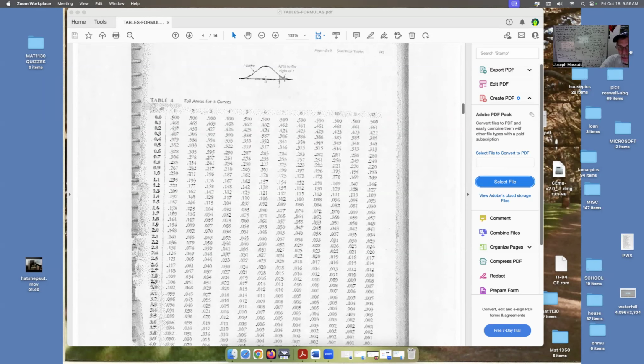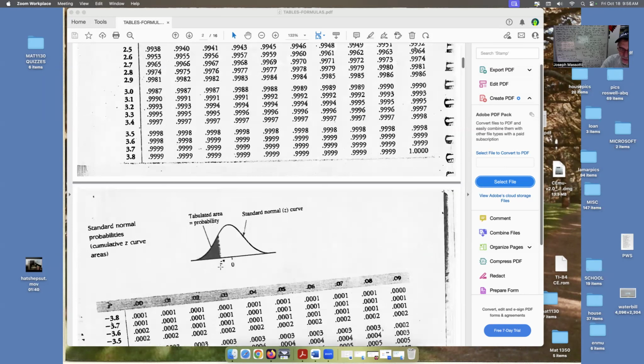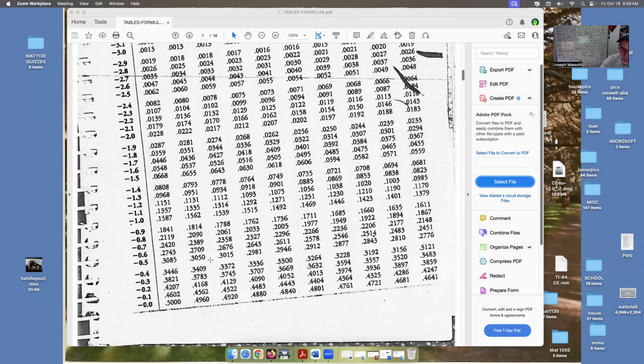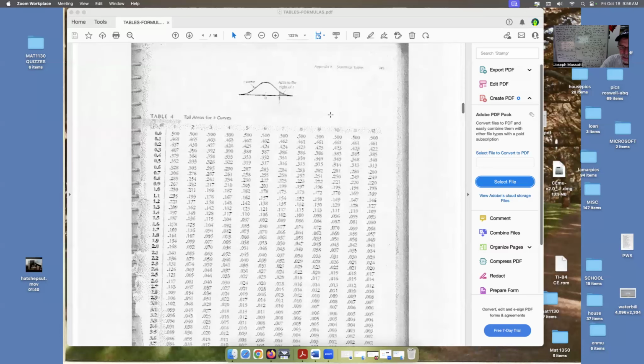But notice this table gives us the area to the right of the number that we're looking up, whereas the standard normal, recall, gave us the probability below or to the left of the z value that we looked up. So be careful, again, details, little things, basics, fundamentals. This table gives you probabilities above or to the right of t.